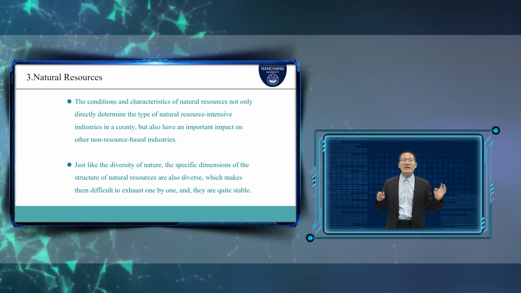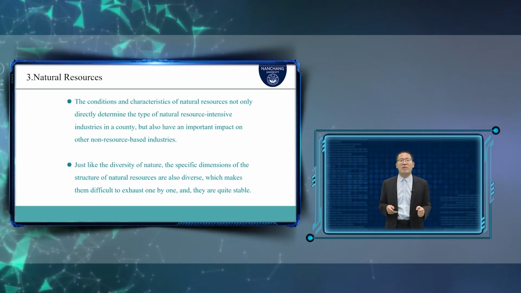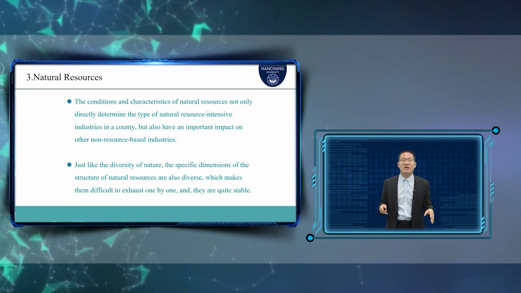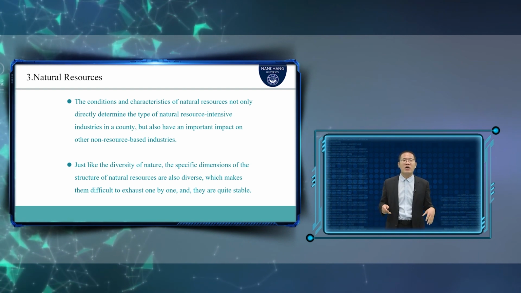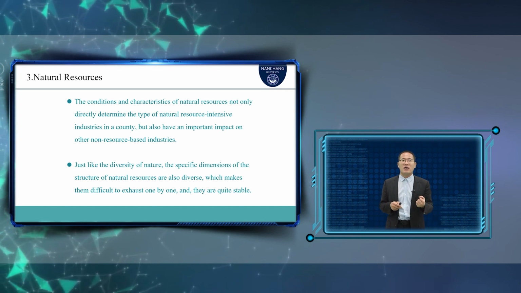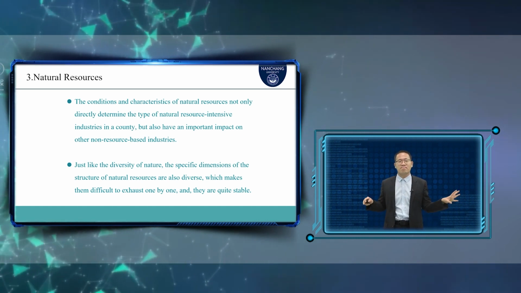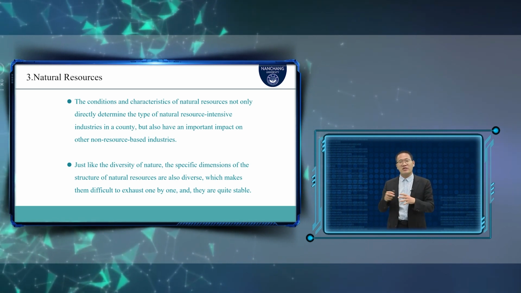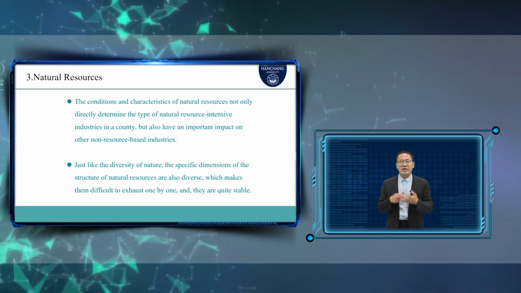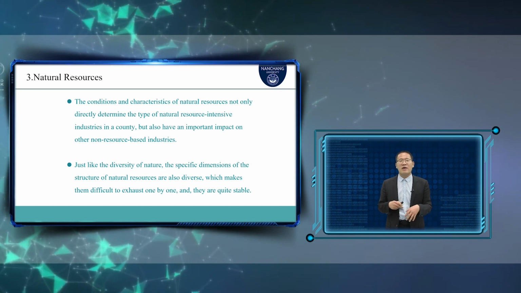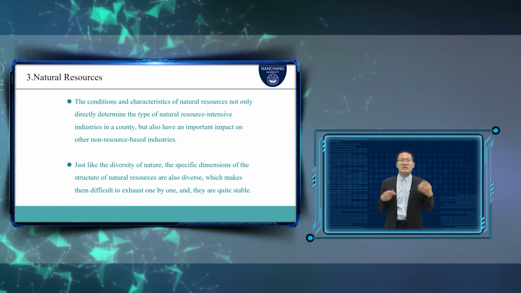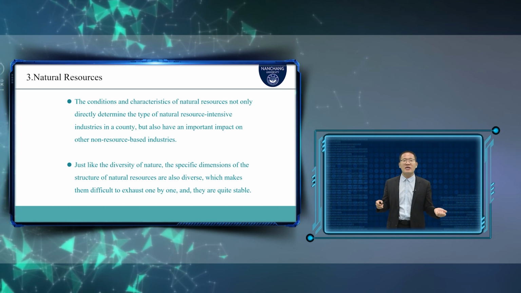Just like the diversity of nature, the specific dimensions of the structure of natural resources are also diverse, which makes them difficult to exhaust one by one, and they are quite stable. Therefore, if no administrative division adjustment is made, the natural resources on the county's territory will remain stable.